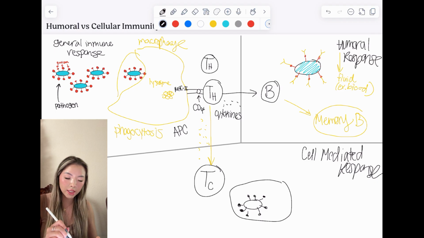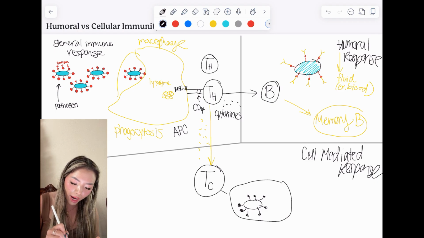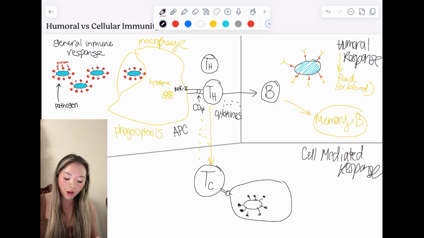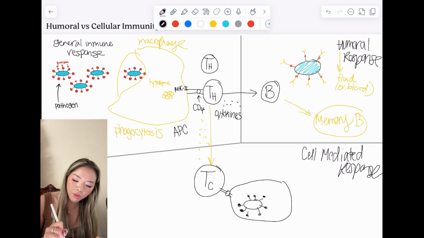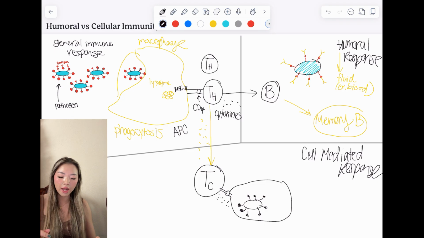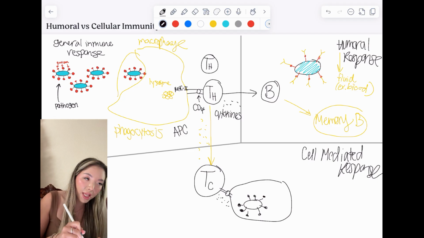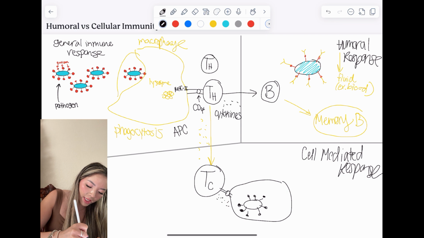These cytotoxic T cells are going to bind to the cell membrane of the infected cell, and then release their enzymes to break through the cell membrane and eventually kill the whole cell, something called apoptosis. So cell mediated happens inside infected cells.